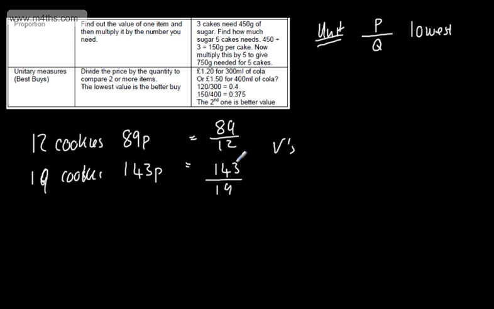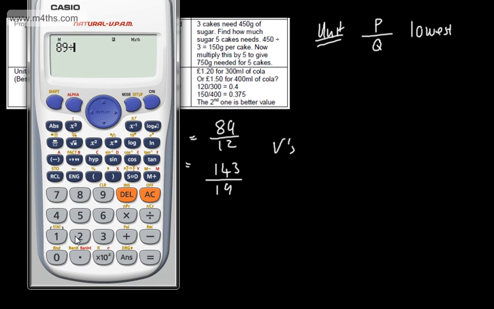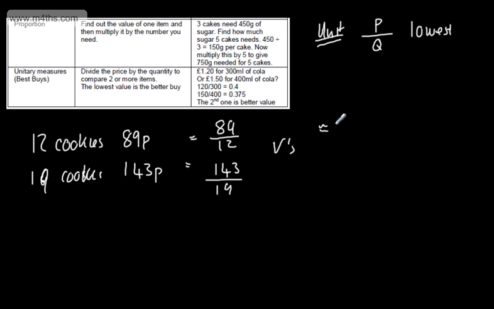This is going to work out which is the cheapest per cookie. So let's do 89 divided by 12. That's going to give us now that each cookie is approximately 7.42p per cookie. So we can write that in per cookie.